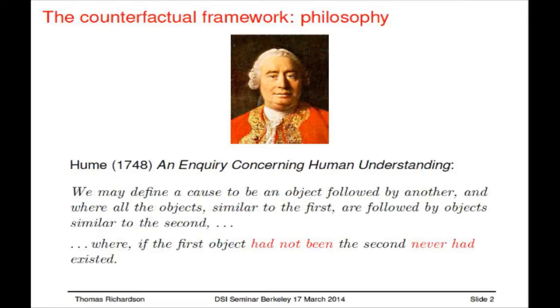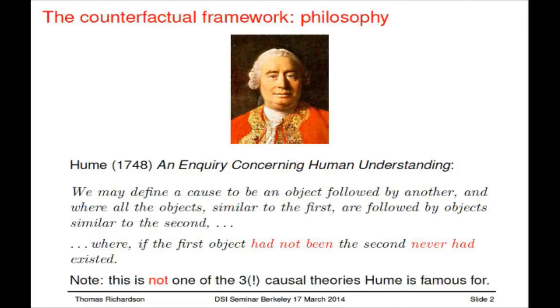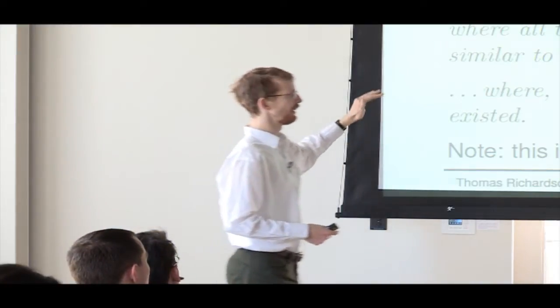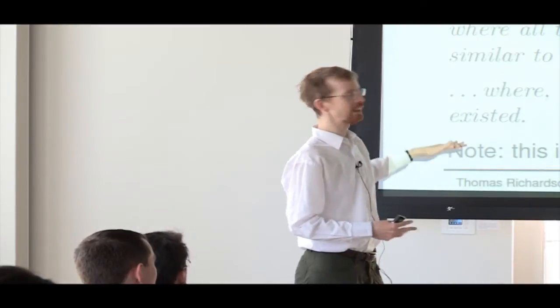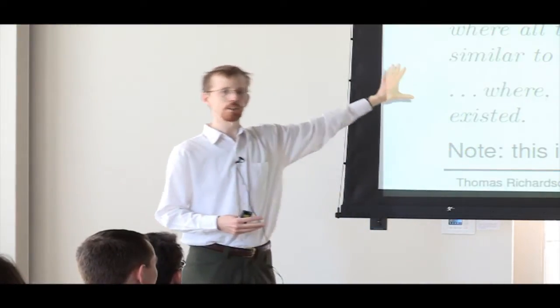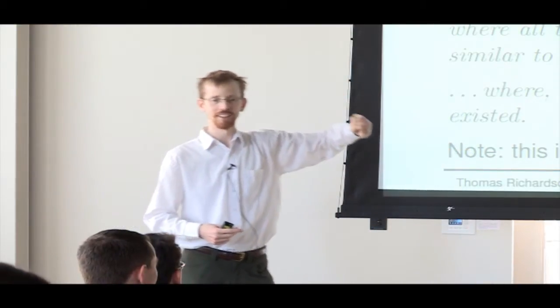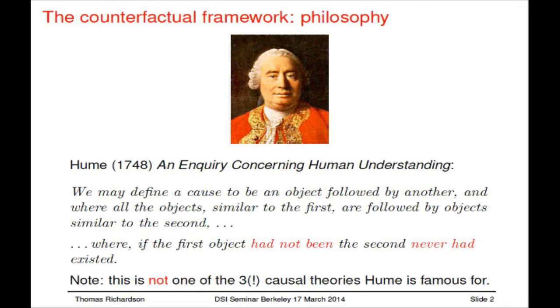And I also should mention here that although he made this comment, when I presented this to philosophers of science, they were very unhappy because Hume is famous for 3 causal theories, but this wasn't one of them. Apparently this was just a brief aside that has not gone anywhere in philosophy, but it has gone quite far in statistics. So by way of truth in advertising, I want to let you know that.